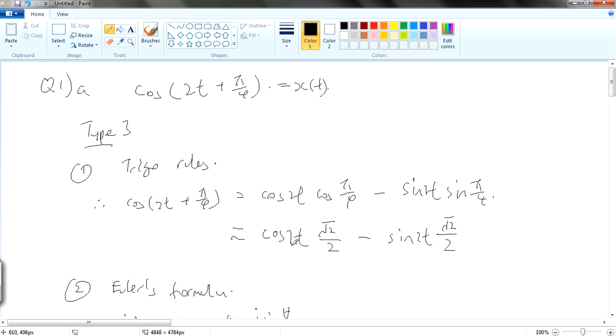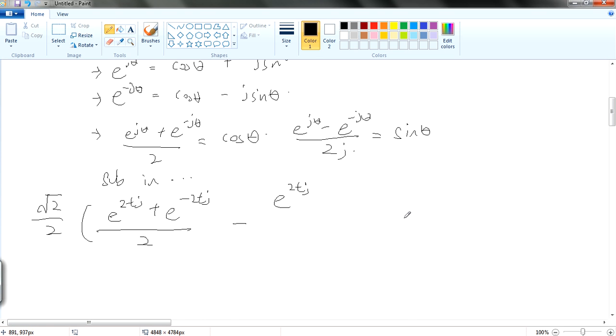Because they are all in terms of 2t, I don't need to scale anything, and then minus e^(-2tj) over 2j.